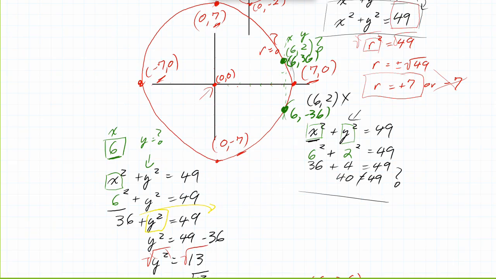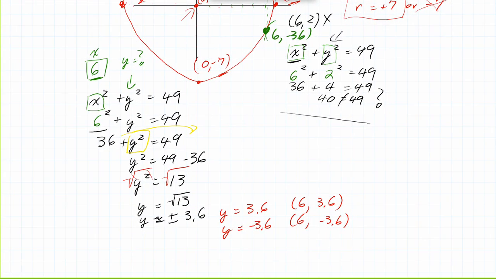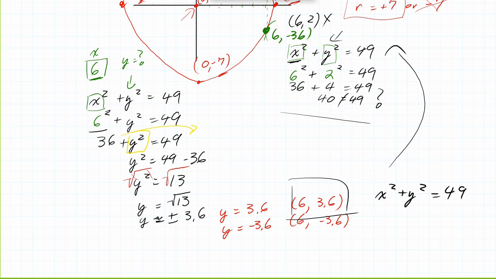And then let's test it. Is it true what we just said? We're going to take these coordinates, either of them, and plug them back into this original equation. I'll do it over here. X squared plus y squared equals 49. Now remember, I rounded a little, but I should get a value really close to 49. 6 squared plus, just to prove it, we'll use the negative one, negative 3.6 squared, equals 49. 6 squared is 36 plus, let's go back to that graphing calculator.